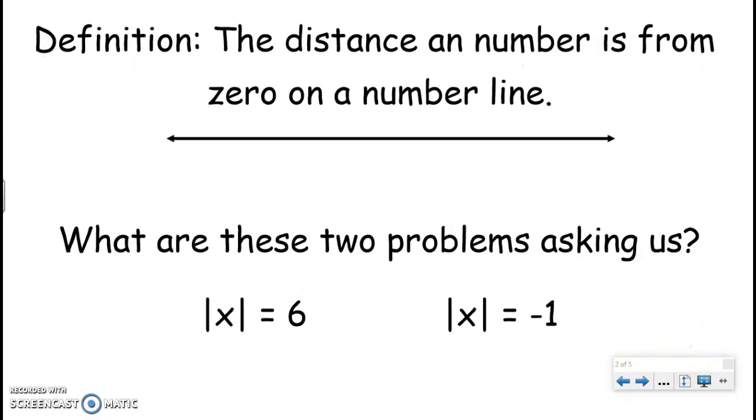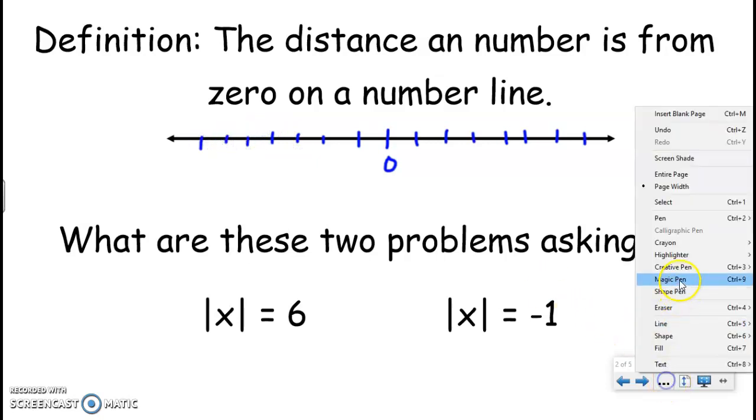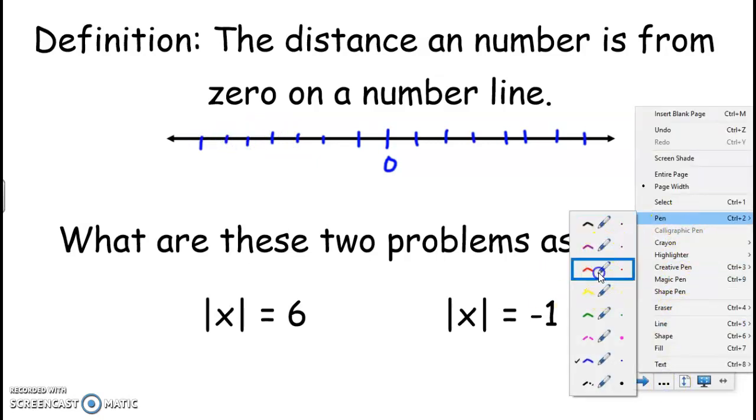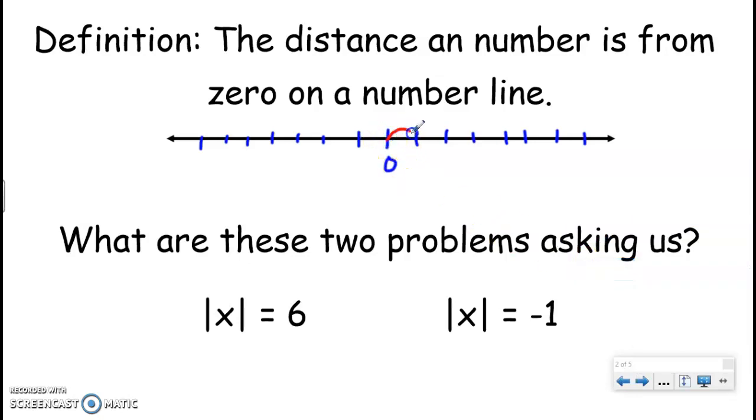So if you look at the two questions below, what are these two problems asking us? Well, the first one is asking us what numbers are 6 units from zero on the number line. And we actually have two options. We can go to the right or to the left. So if I start at 0 and I go 6 units to the right, I end up here, which is 6.